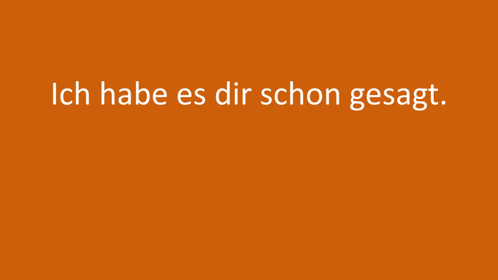So with this sentence, I already told you, keep in mind that we can substitute to say for told. And this is one of those verbs that takes the dative case, which basically means we're not going to just say you, we're going to say to you. So how would you say that? Ich habe es dir schon gesagt.